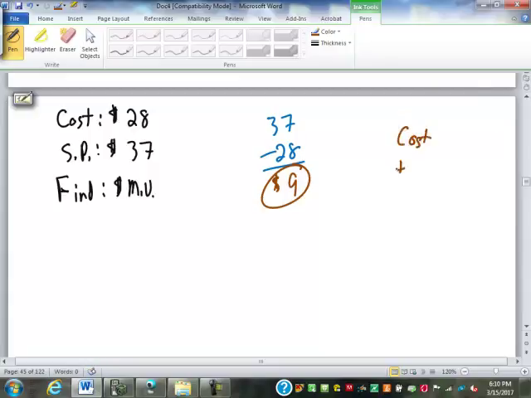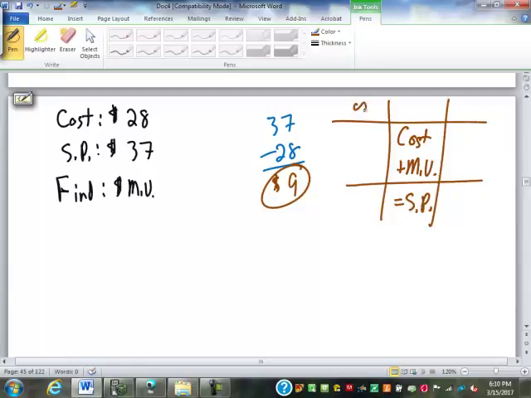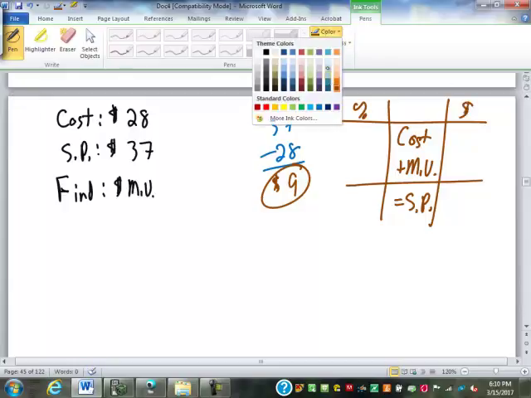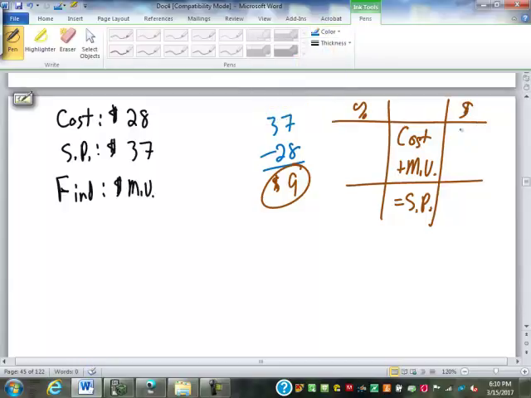We can do the chart. Yeah, we're given the dollar amount of the cost is $28 and the selling price is $37. These two have to add up. This plus this has to add up to the 37.